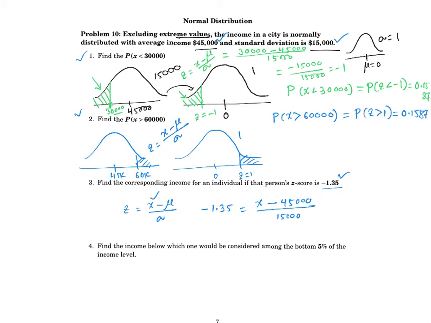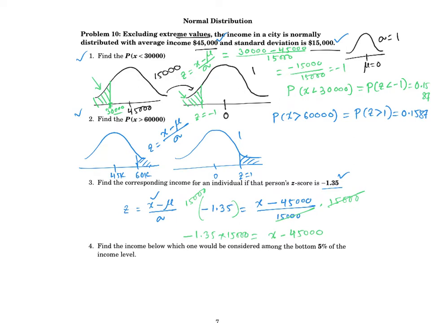The easy way to do it is to multiply both sides by 15,000, right? This and this are going to cancel out. That's going to give you x minus 45,000 is equal to negative 1.35 times 15,000. Then obviously you can solve by simplifying this.